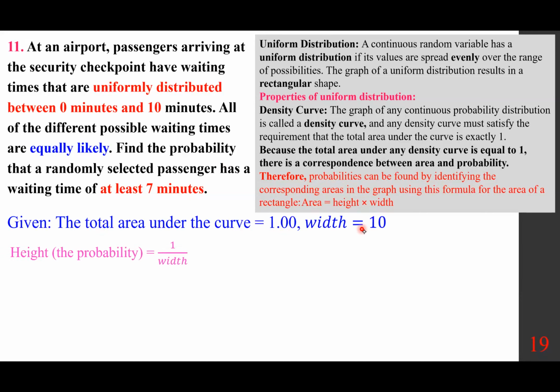So the height must be 1 over width, or 1 over 10, or 0.1. So again, if this is 10, this must be a number such that their product must be 1. Now, the product of these two must be 1. That's how we arrive at it.